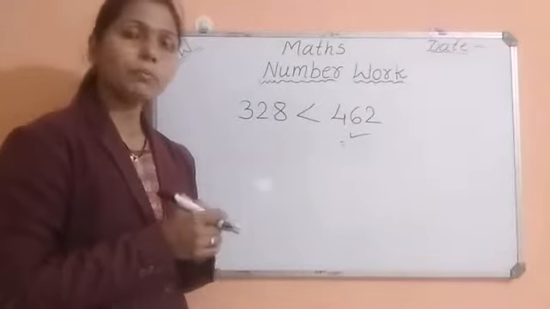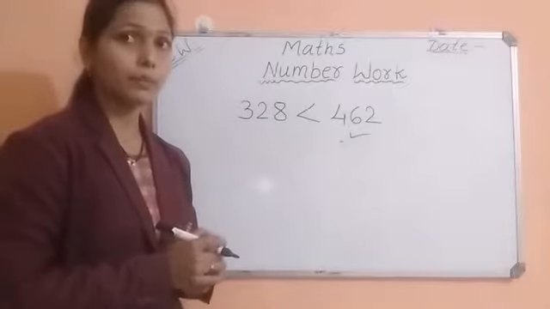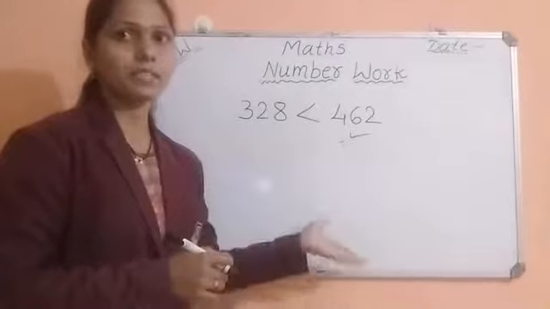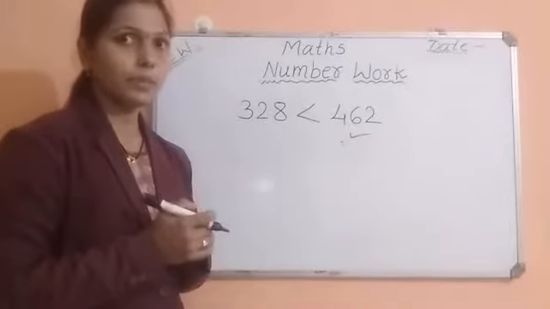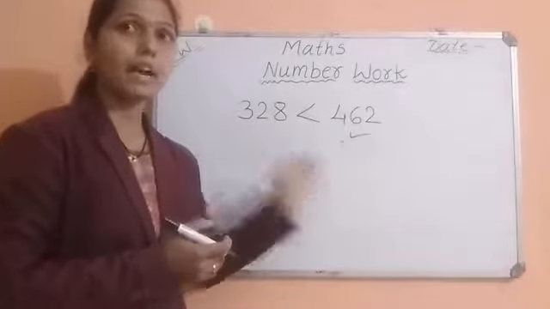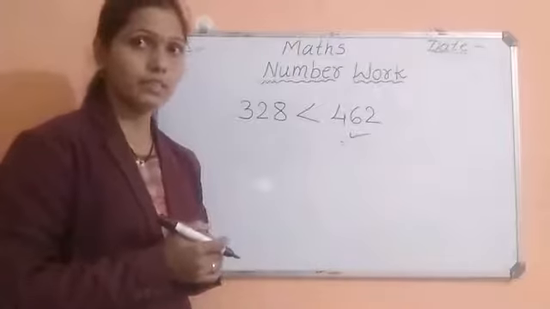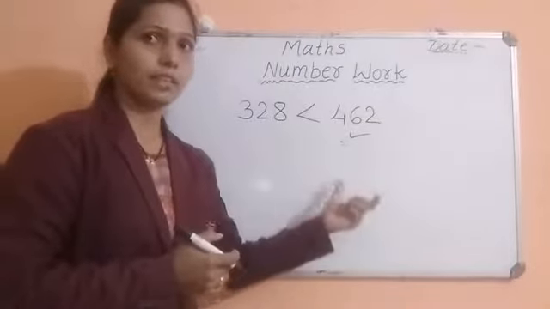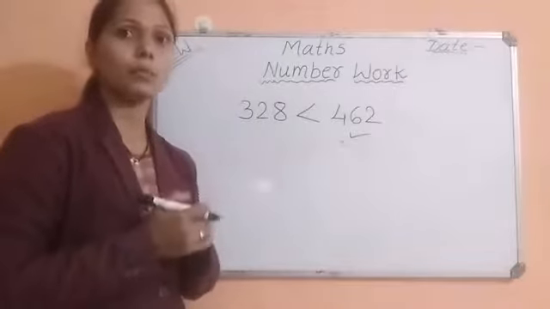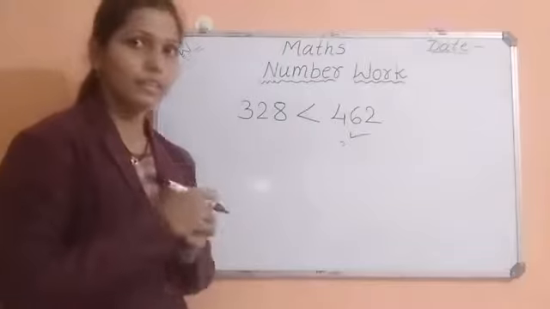And if both places have the same number, then what do we have to do? Yes, we have to take the next place to compare that digit. And if the 100 place also has the same digit, then take the next place, that is tens place. Like this, we have to compare 4-digit and 5-digit numbers.